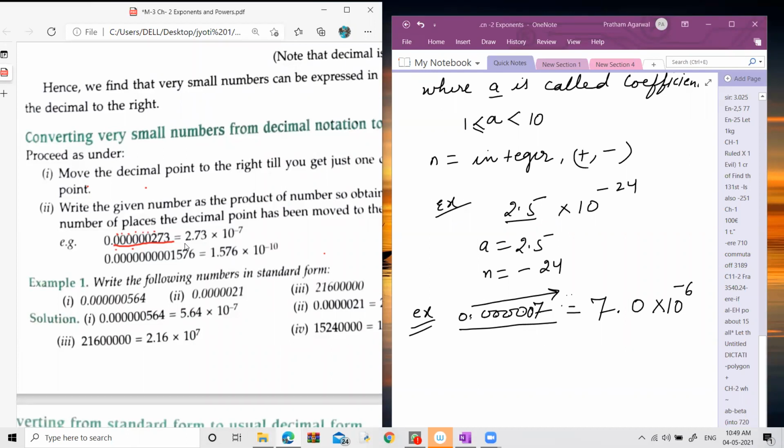That's why you have to write 10 to the power 7. And if you are moving the decimal from left to right, then the power should be negative. And you have to remove the zeros before 2 because these zeros have no meaning if we put them before 2. So removing all these zeros, your answer is 2.73 into 10 to the power minus 7.